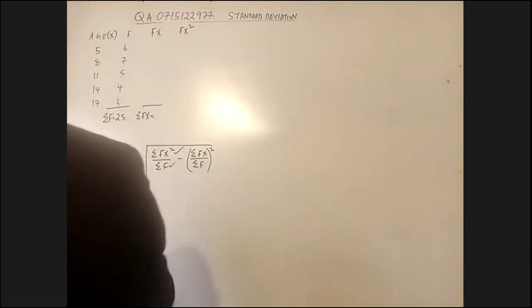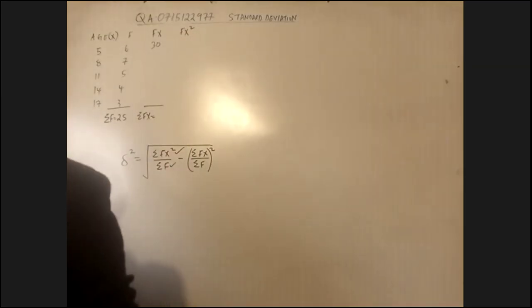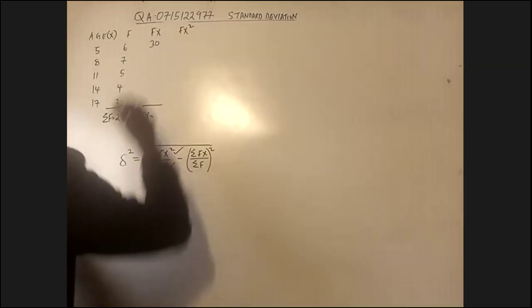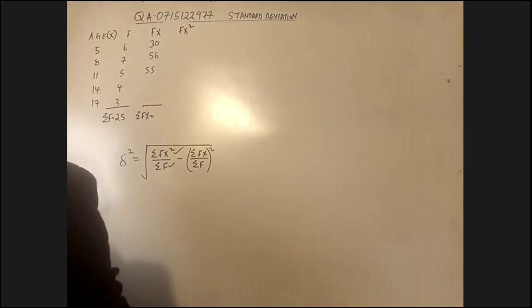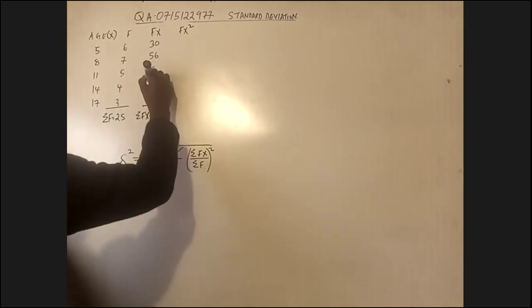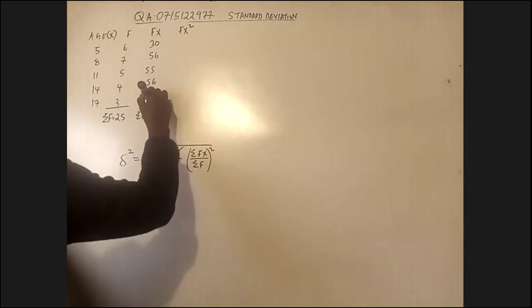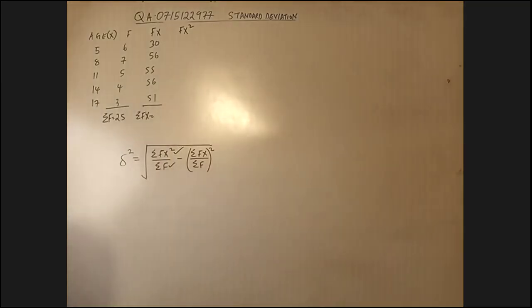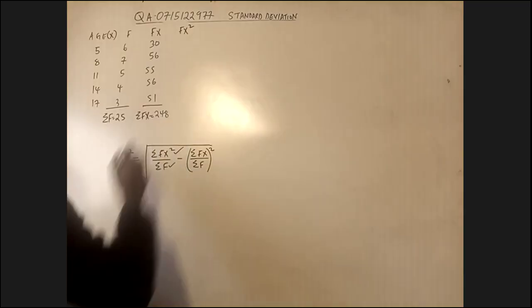8 times 7, 56. 14 times 4, 56. Now the total: 30 plus 56 plus 55 plus 40, that is 248.